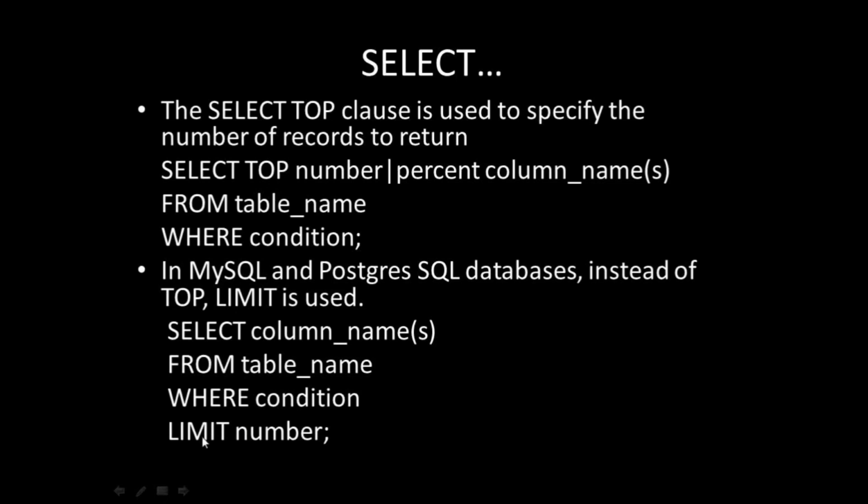So limit we use at the end, whereas top we use in the beginning. That is one more difference between top and limit. Some of these commands vary from database to database, so when you are working with multiple databases, you should know those differences.